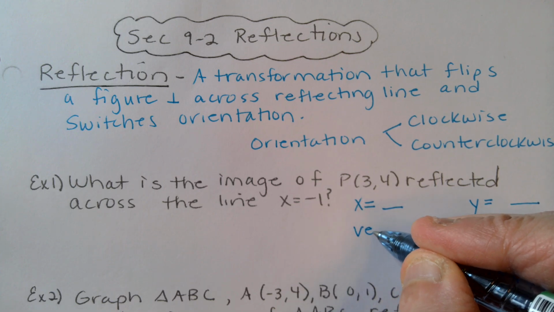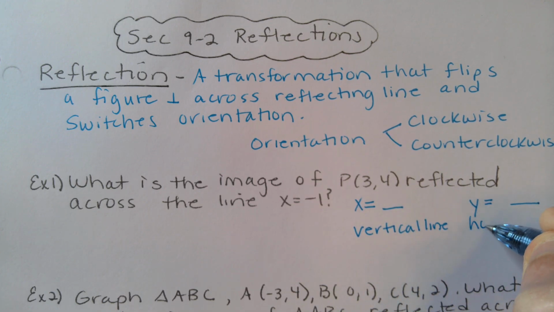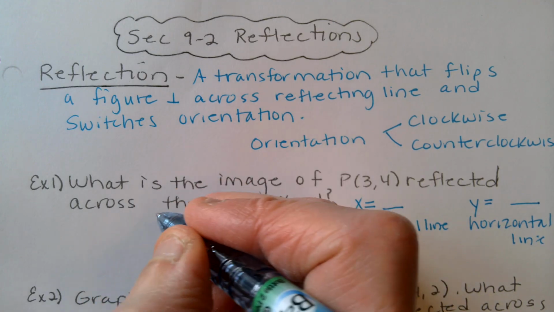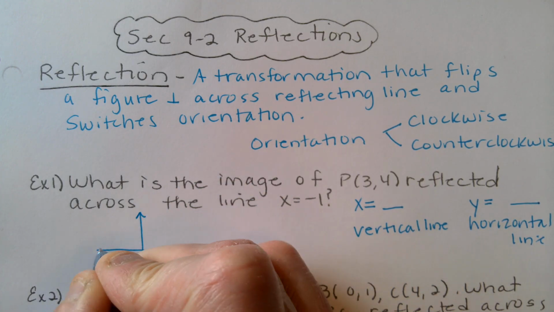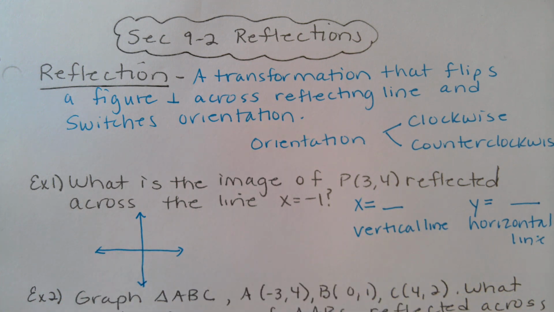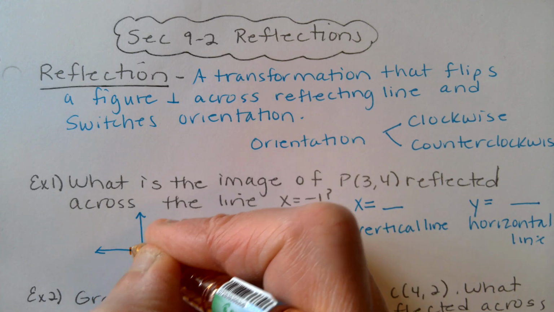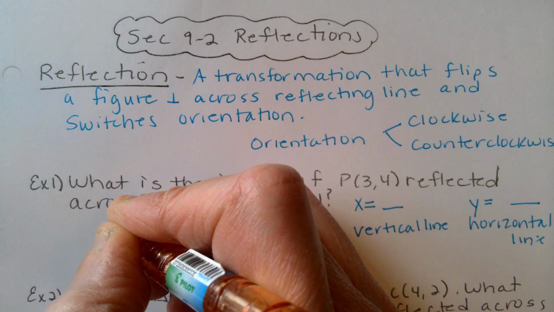Yeah, x equals is a vertical line, and y equals is a horizontal line. So when we have x equals -1, I'll just draw my handy-dandy little coordinate plane there. And x equals -1 is, here's my x, -1's here. So that's x equals -1.